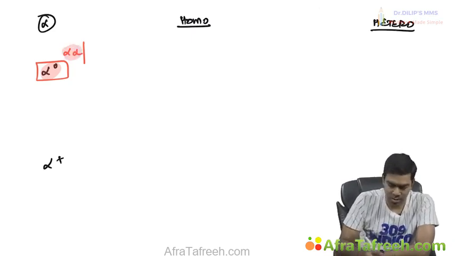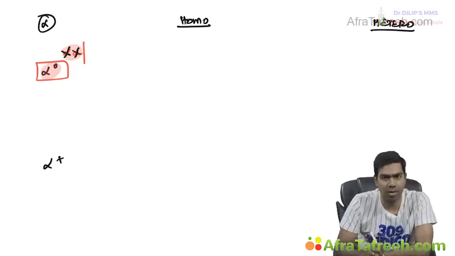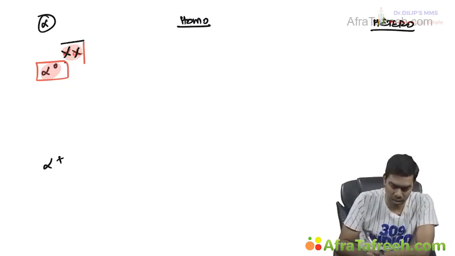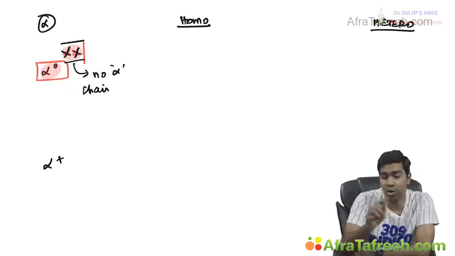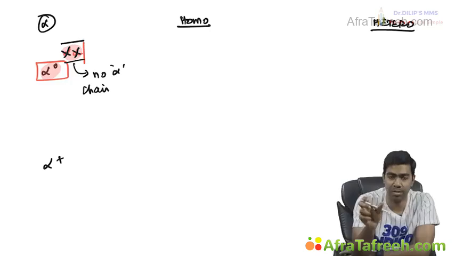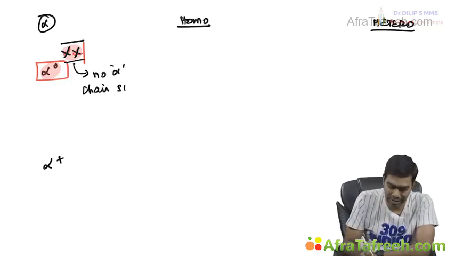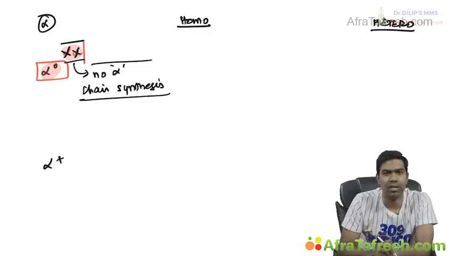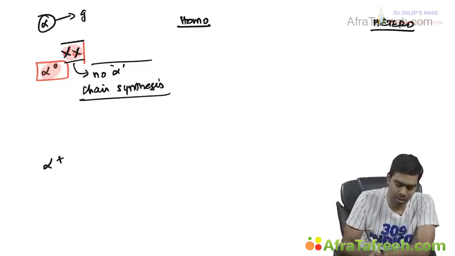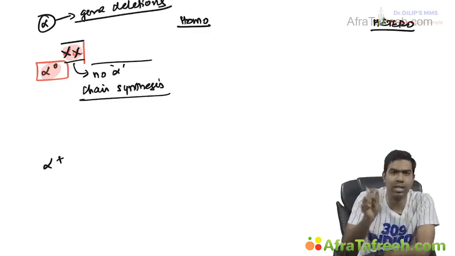Alpha 0 means both are abnormal, which means both are deleted, so that absolutely no alpha chain synthesis is possible from that particular allele. I'm not talking about both alleles, just that particular allele or gene cluster. Since alpha thalassemia is mostly due to gene deletions, both alpha genes from that particular allele should be deleted.